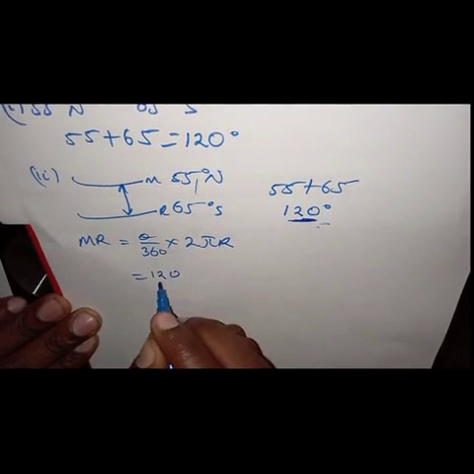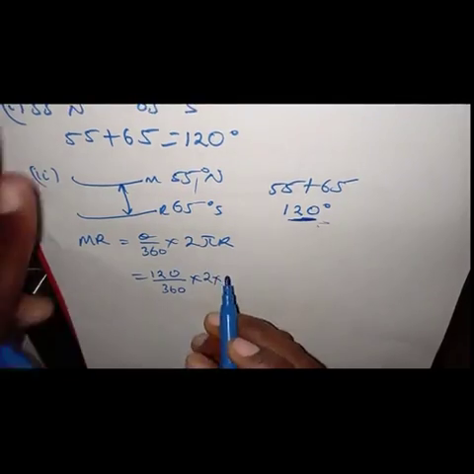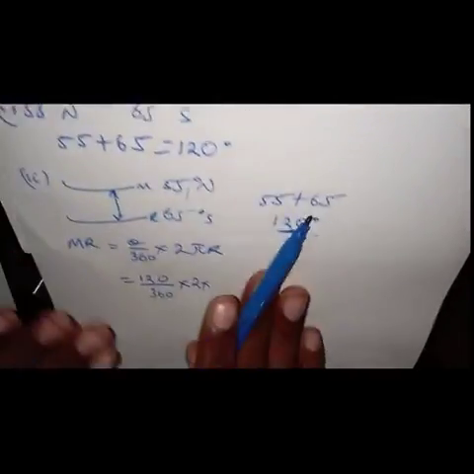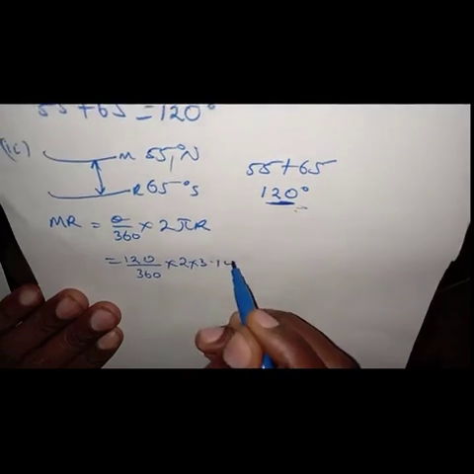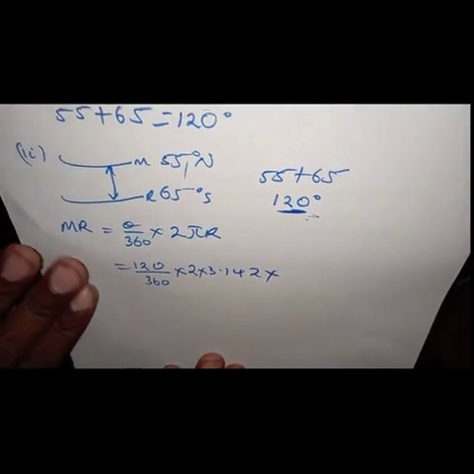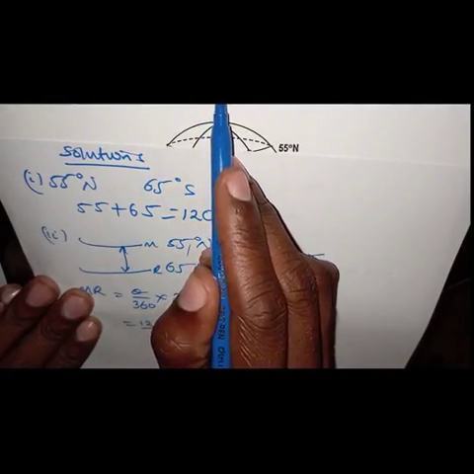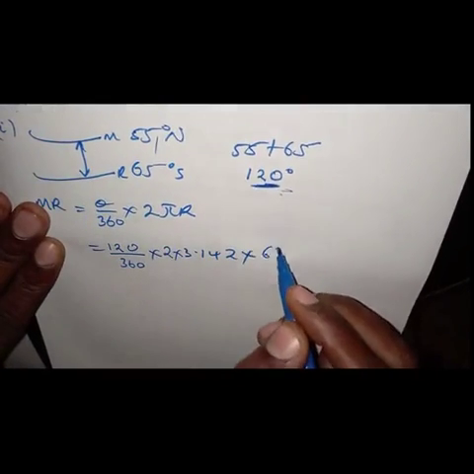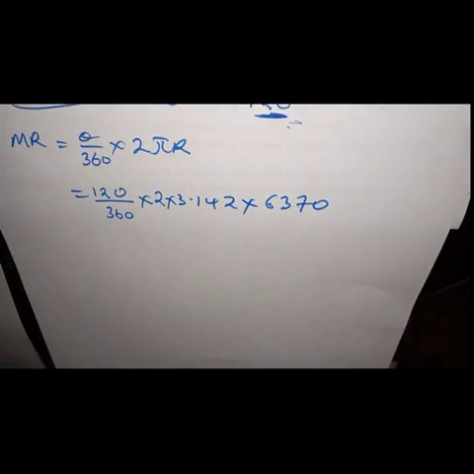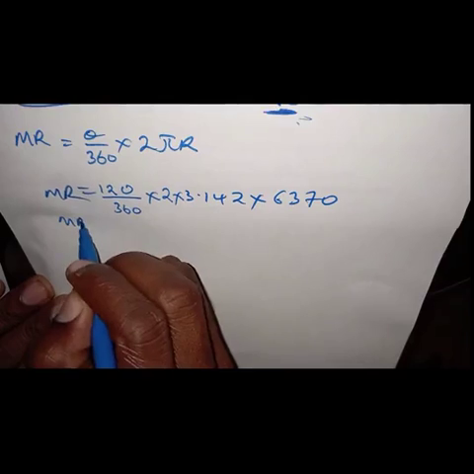So it's 120 over 360 times 2 times pi. Pi was given in the information. It was 3.142. So simply replace 3.142 times radius. Radius was also given, which is 6,370 kilometers. So you simply put 6,370, right? So you can just punch this on your calculator.